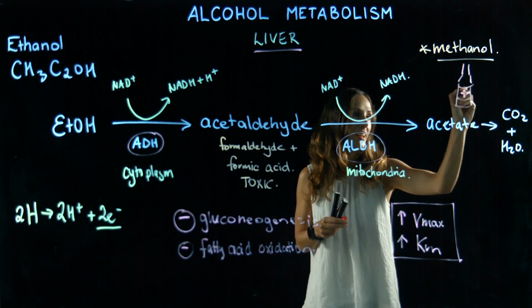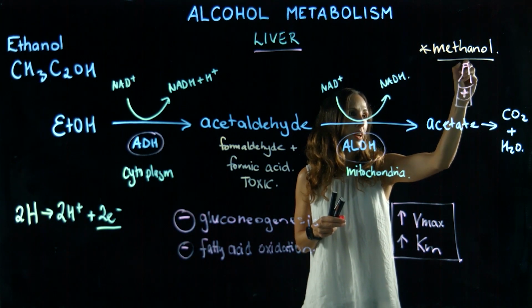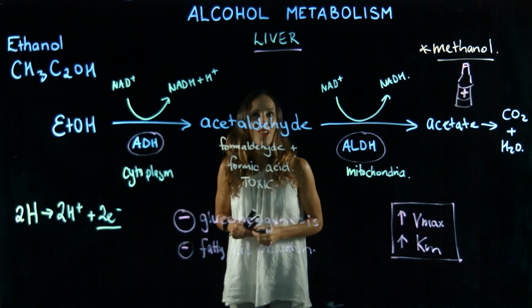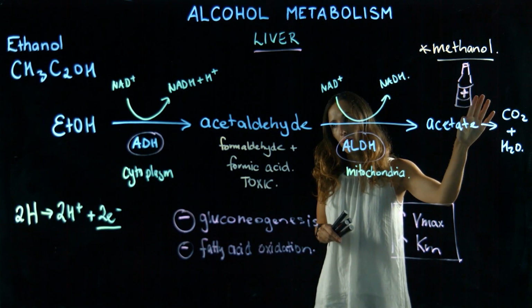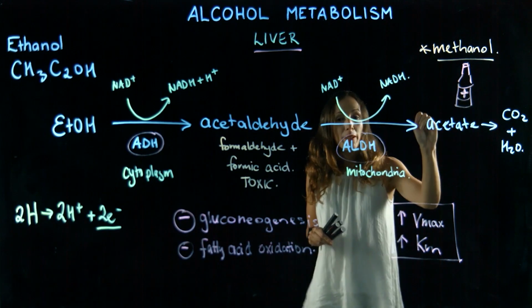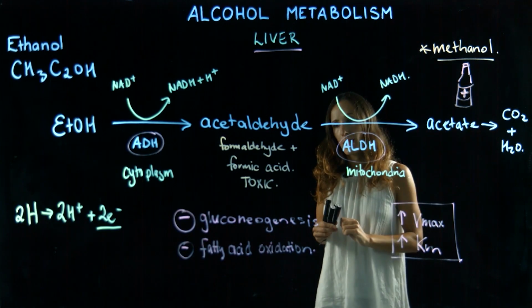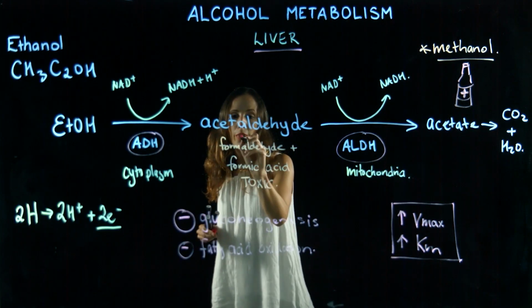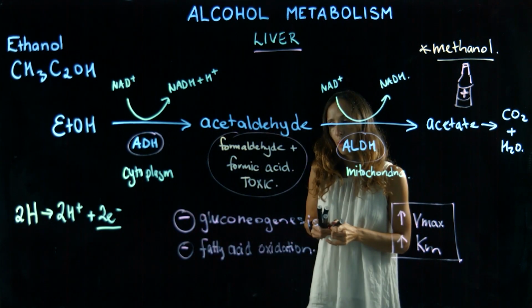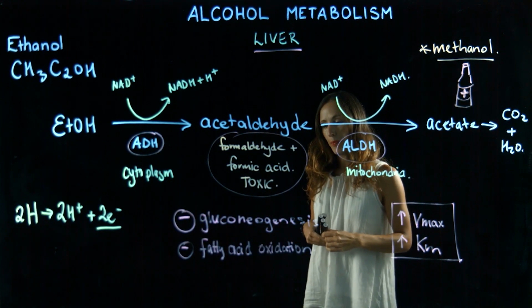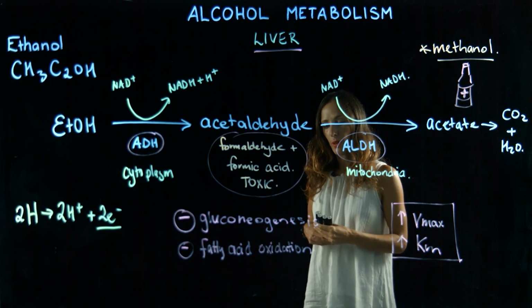It's not given in the form of a bottle of alcohol, but we can give limited doses of ethanol as a therapeutic treatment for methanol poisoning, so we can control the rate at which these toxic products are being produced in the body to reduce the poisoning that occurs as a result.